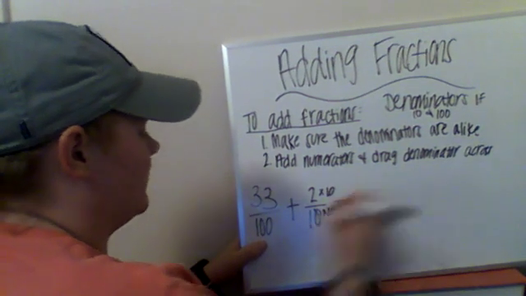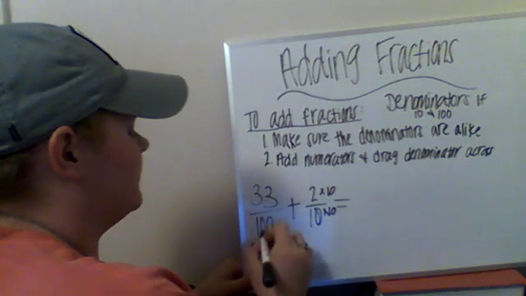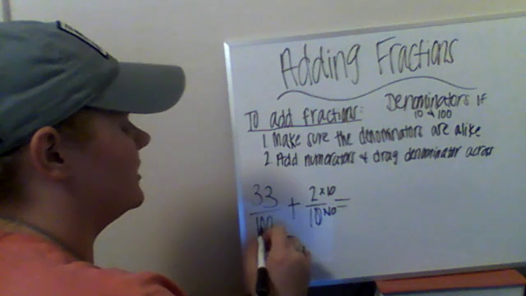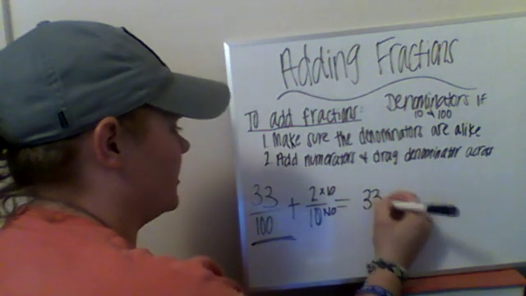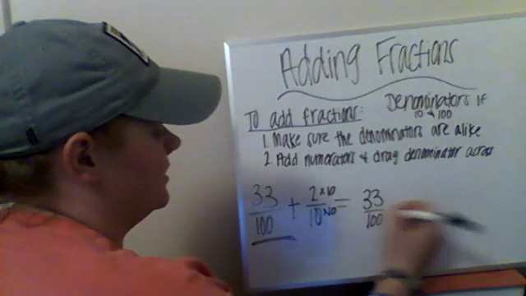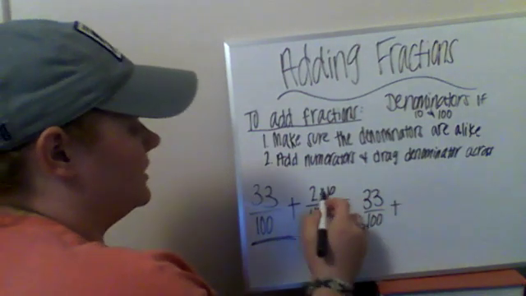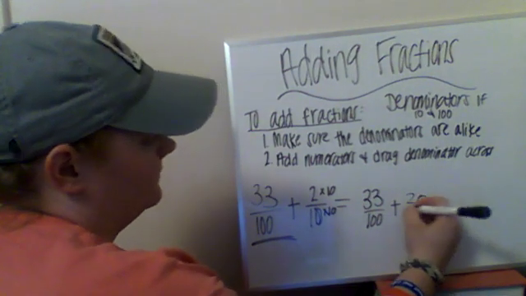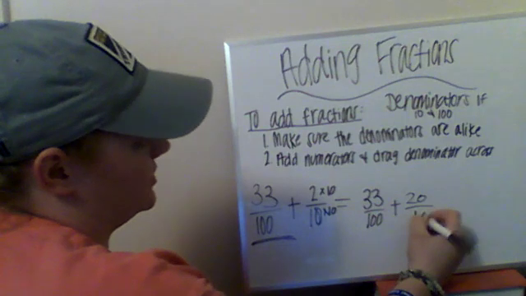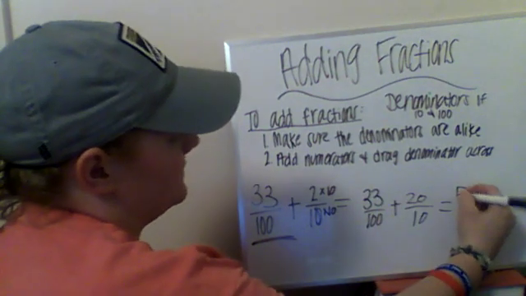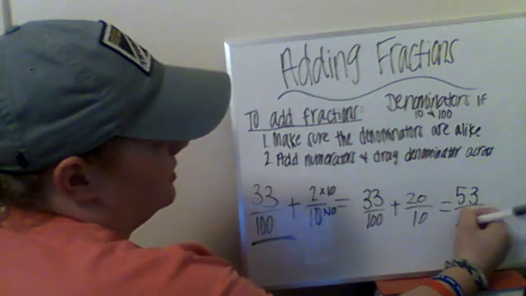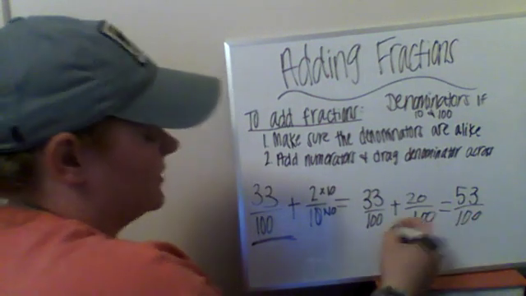I'm going to keep the first fraction the same because it has the common denominator of 100 that I want. So 33 hundredths. 2 times 10 is 20. 10 times 10 is 100. 33 plus 20 is 53 hundredths, because I need to add a 0 right there.